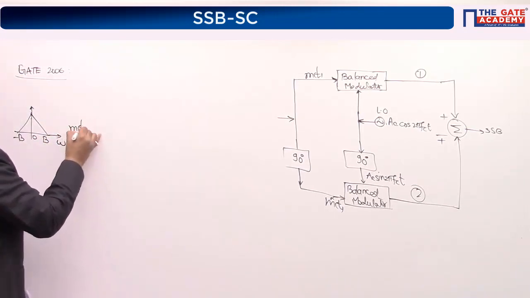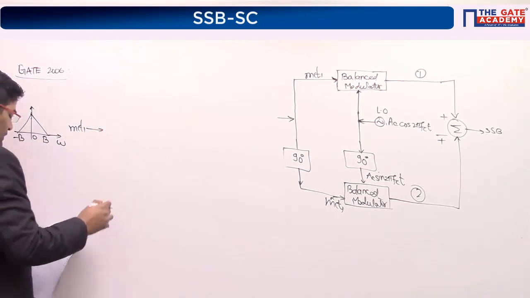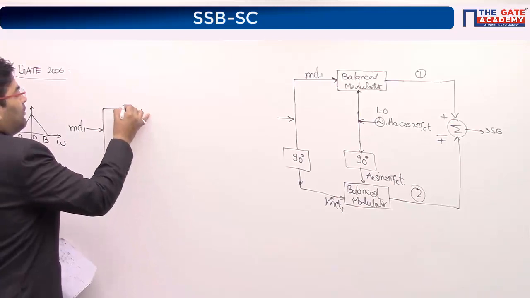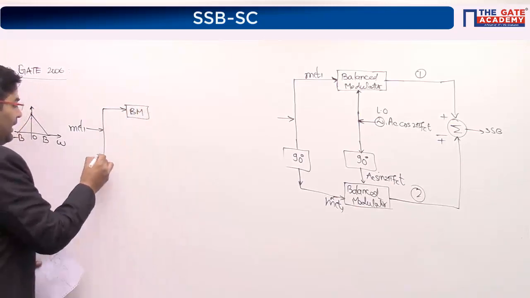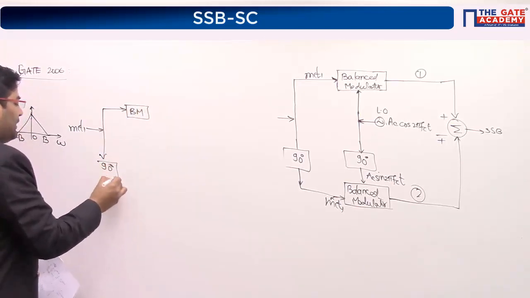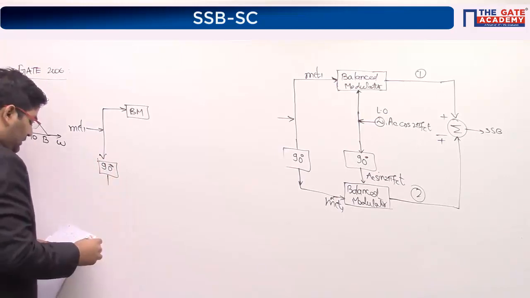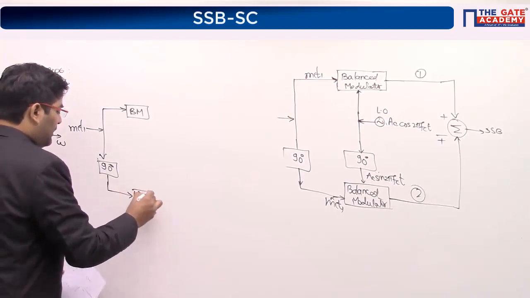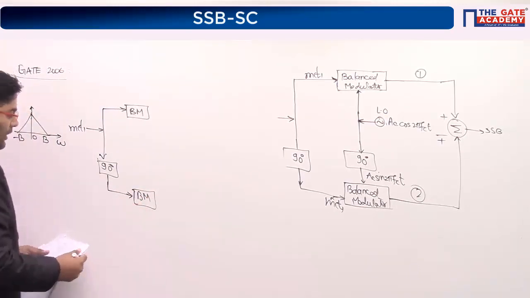This is m of t getting into a block diagram with two balanced modulators, BM, and it is getting a phase shift of 90 degrees. And again it gets into another balanced modulator. Guys, I am writing balanced modulator as BM only.